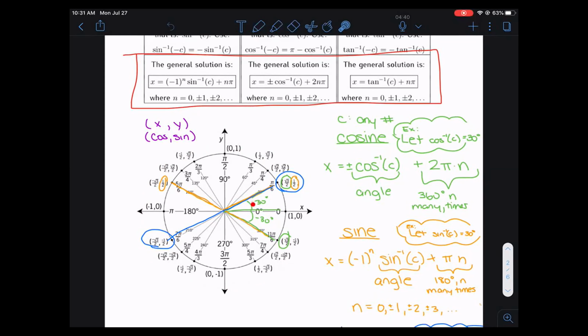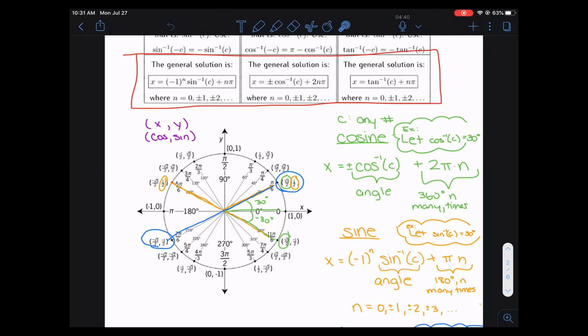Because these are the same thing, one positive and one negative, you can represent this by positive cosine inverse. The cosine inverse of whatever you have inside just represents the angle, so that's 30 degrees. And this other angle is the negative portion. So you have the positive one and the negative one, positive 30 and negative 30. They both give you the square root of 3 over 2.